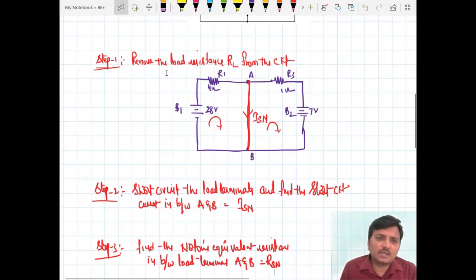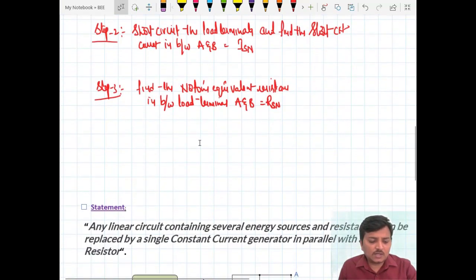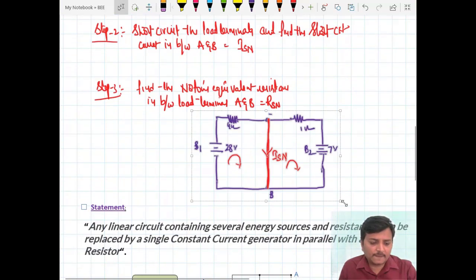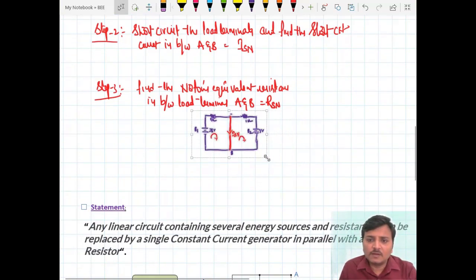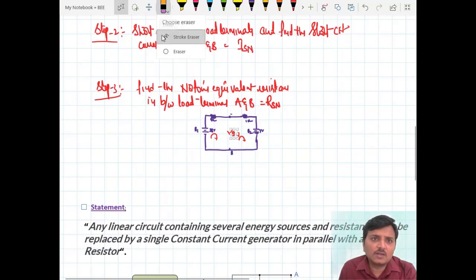I am taking the same circuit here. I just redraw the circuit. In this circuit, just remove this short circuit branch. Remove the short circuit branch.